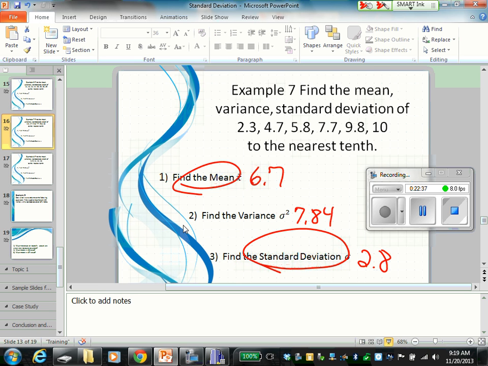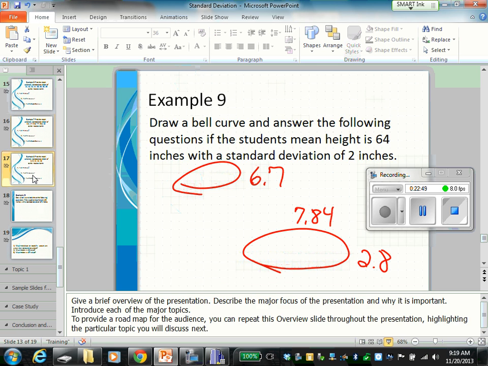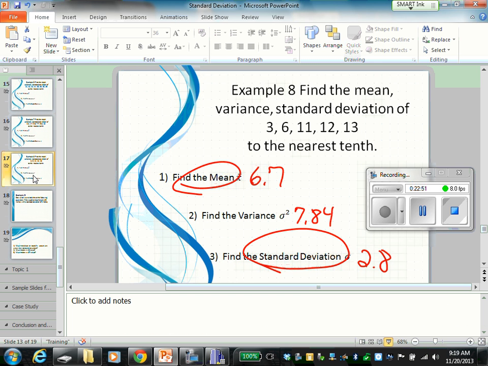And the way we find this is you take your data and you put it in your calculator and you go to your statistics. All right, you try 8, that's where we want. You try this one on your own.